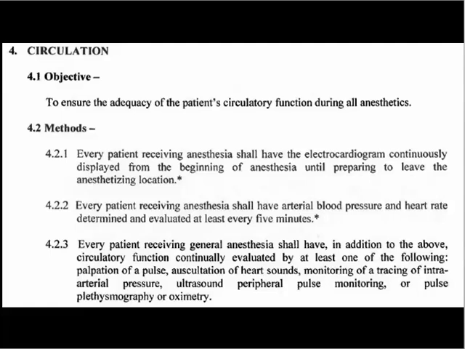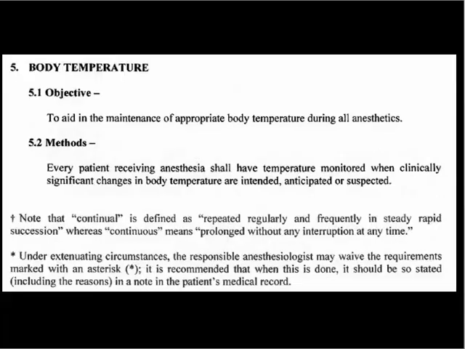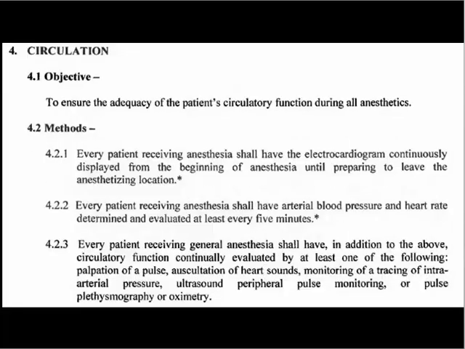Circulation, same idea. You're going to have an electrocardiogram continuously, and heart rate evaluated and recorded at least every 5 minutes. Every patient receiving general anesthesia has to have palpation, auscultation, but the idea being that the plethysmograph on the pulse oximeter is the evidence of a pulse, which is the evidence of cardiac output.